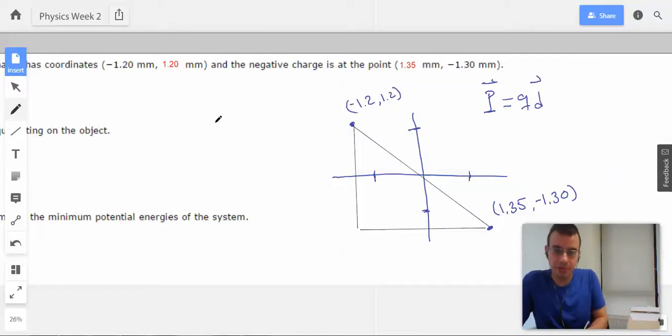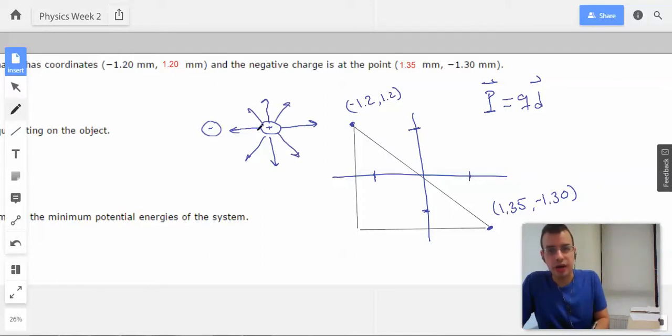The way I remember this, and I just use stupid mnemonics for everything in life: we have a positive charge and a negative charge. The positive charge is going to have arrows, forces going out in all directions, and the negative is going to have arrows coming in from all directions.